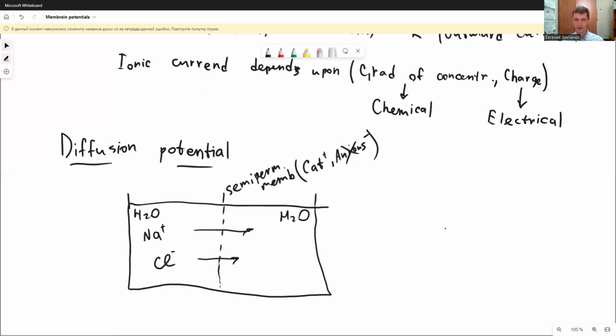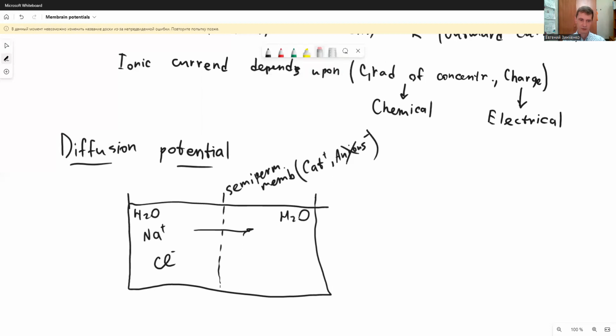Chlorine ions cannot move. Okay? So we can eliminate this movement. Only sodium ions will pass through this membrane. Sodium will appear in this part of the solution. And when this ion moves through the semi-permeable membrane, it brings positive charge from the left side to the right side, and a potential difference will appear on the membrane.